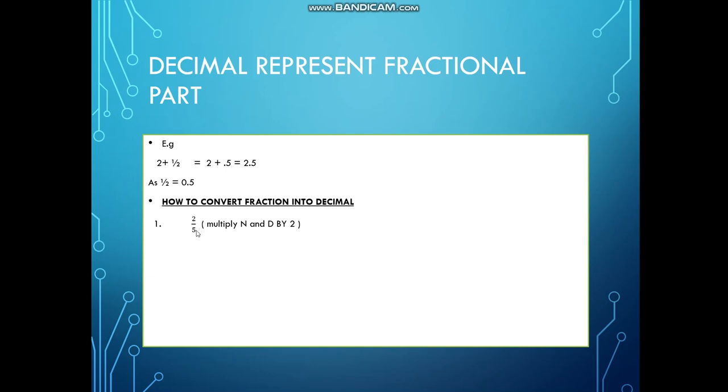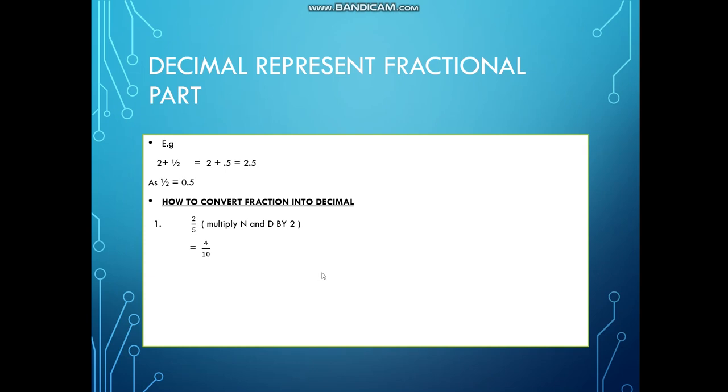So my aim is to convert the denominator into 10, 100 or 1000. Suppose I am taking an example, the first example is 2/5. I want to give the answer in decimal. As I told you, I need 10, 100 or 1000 in the denominator.